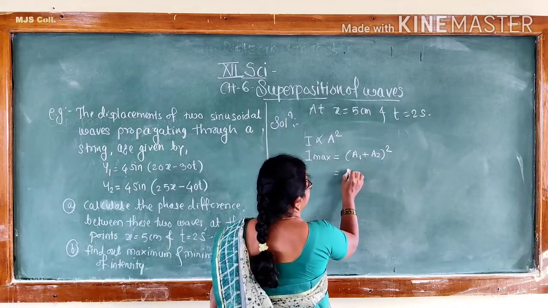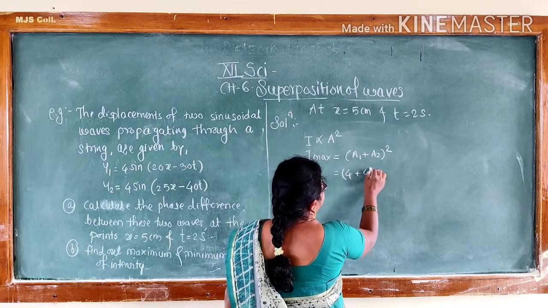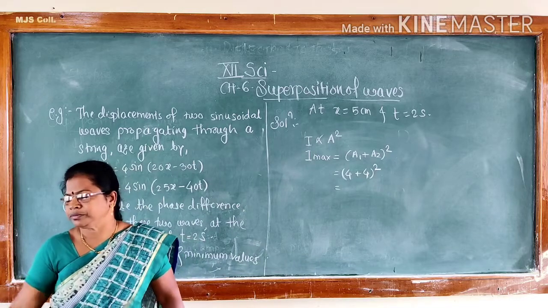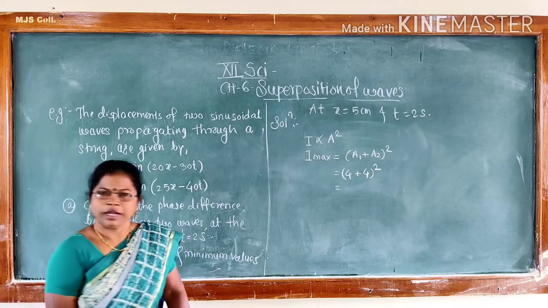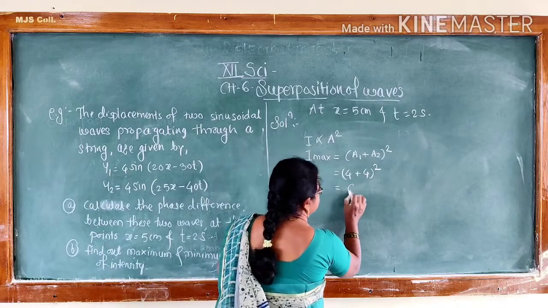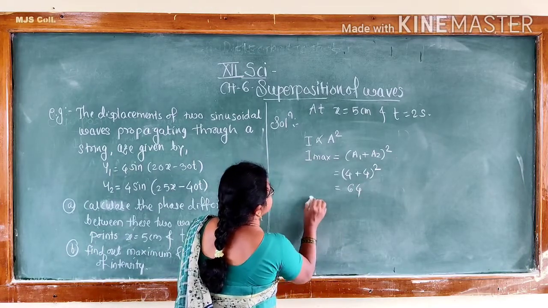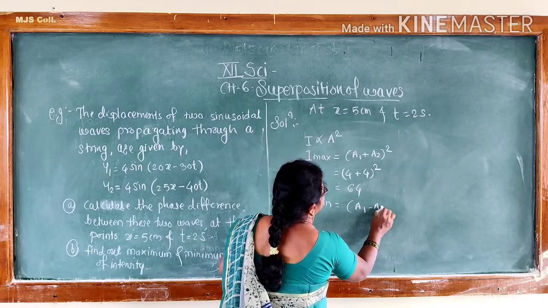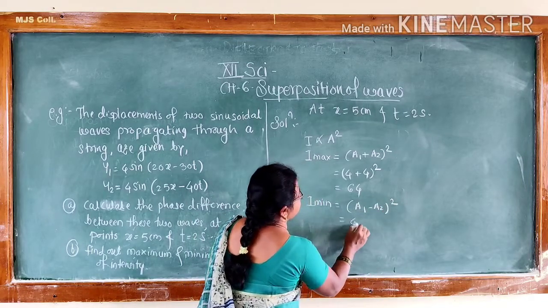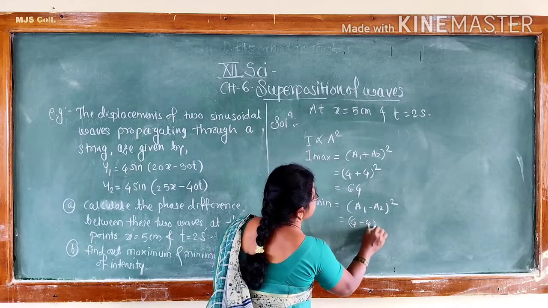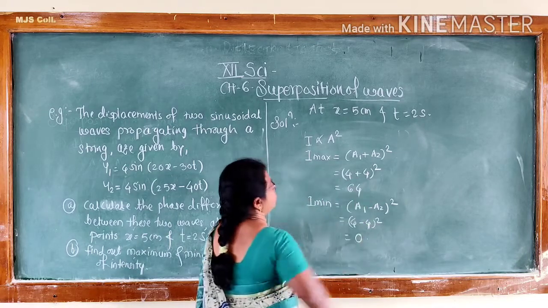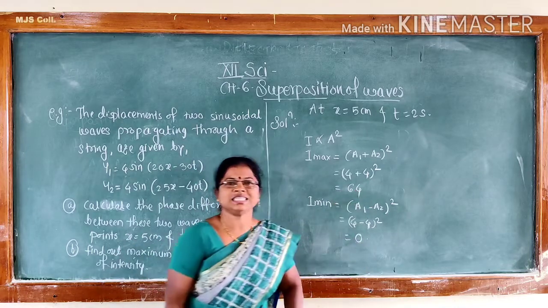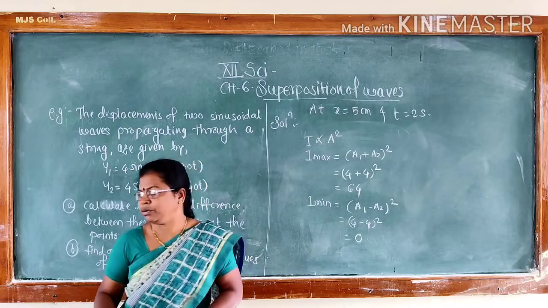Therefore, it is equal to 4 plus 4 bracket square, that means 8 bracket square, that is 64. And intensity minimum is equal to A1 minus A2 bracket square, that means 4 minus 4 bracket square, which is equal to 0. So intensity maximum is equal to 64, whereas intensity minimum is equal to 0.